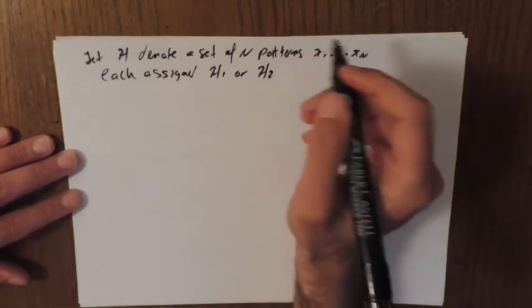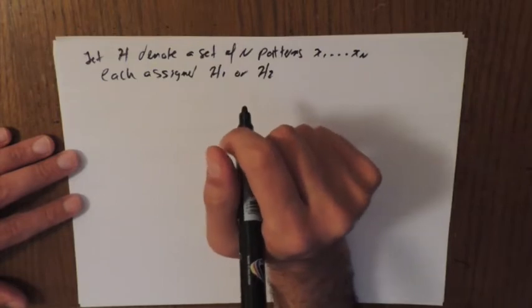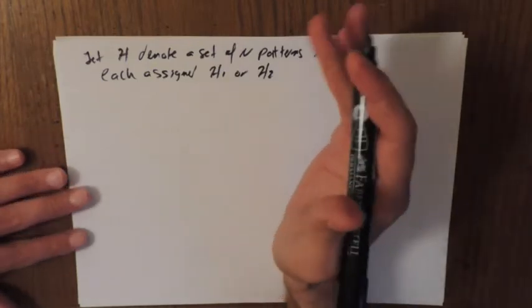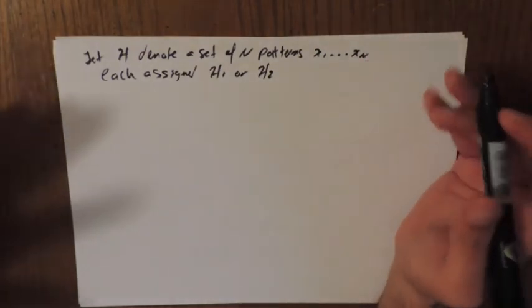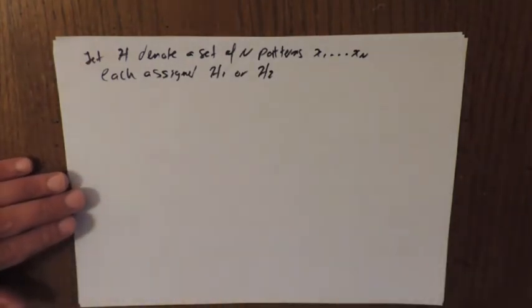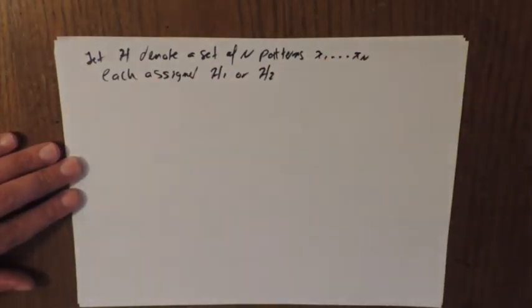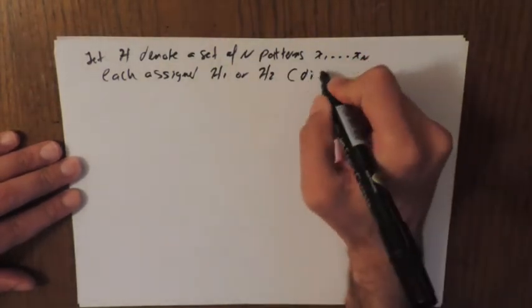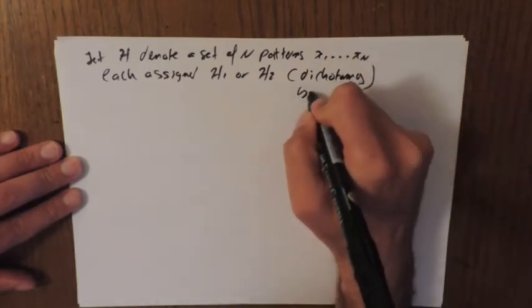So in this case we have a binary partition or a dichotomy, where there is a separating hyperplane that divides those two patterns.